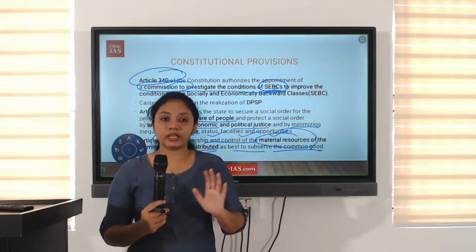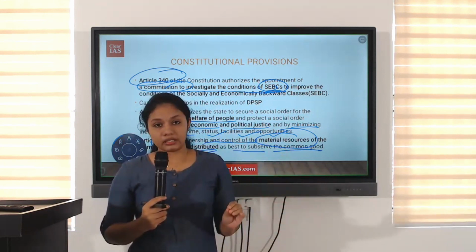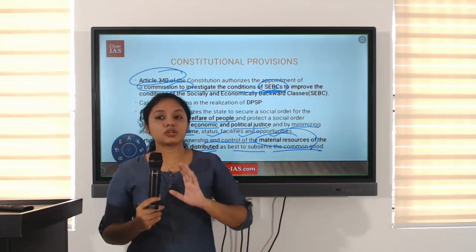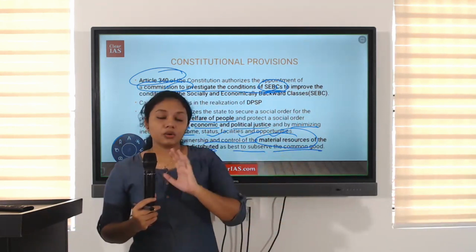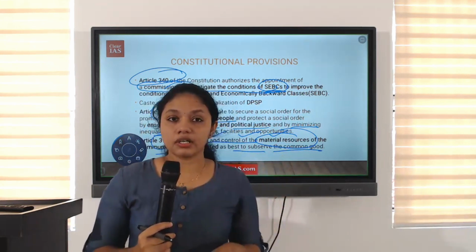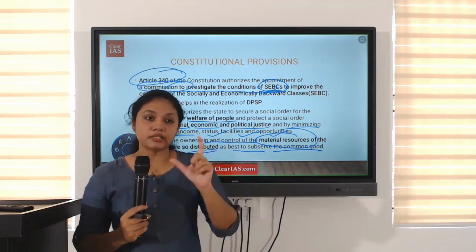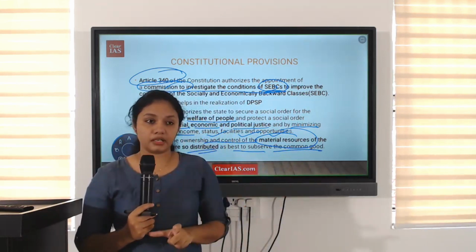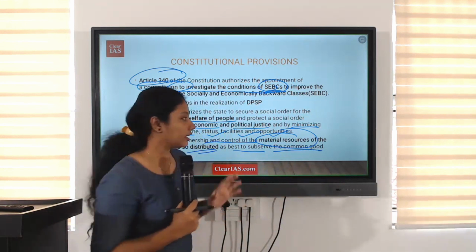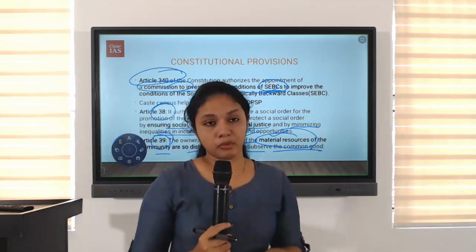It's not mandatory for them to follow these principles, but they need to be kept in mind. That is why it is not enforceable by court. No one can question the government if it is not providing the policies named in the DPSP articles. Clear? These are just directives for the government when formulating a policy.